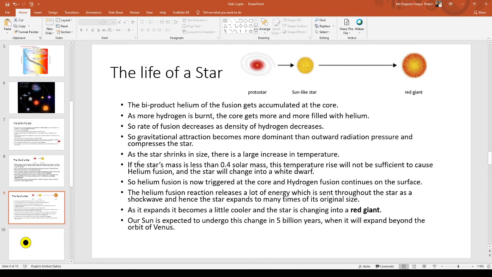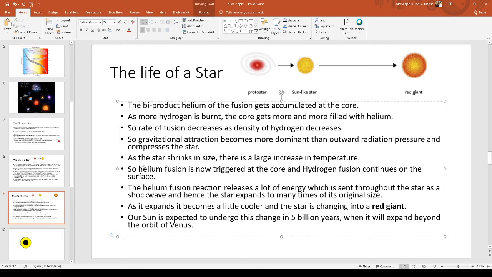So I'm going to skip this. There is a large increase in temperature and pressure. So helium fusion is now triggered at the core and hydrogen fusion continues on the surface.